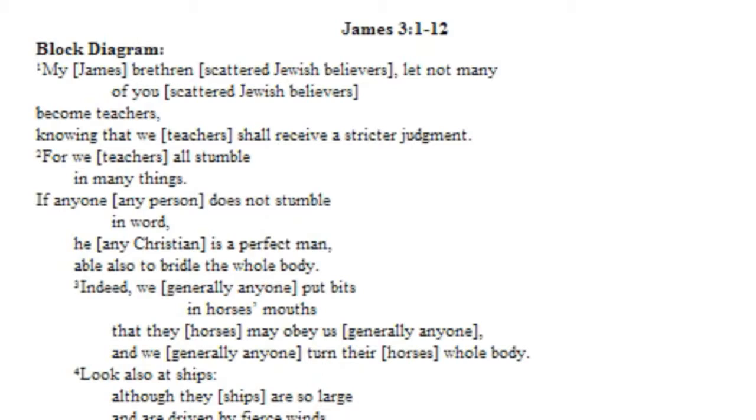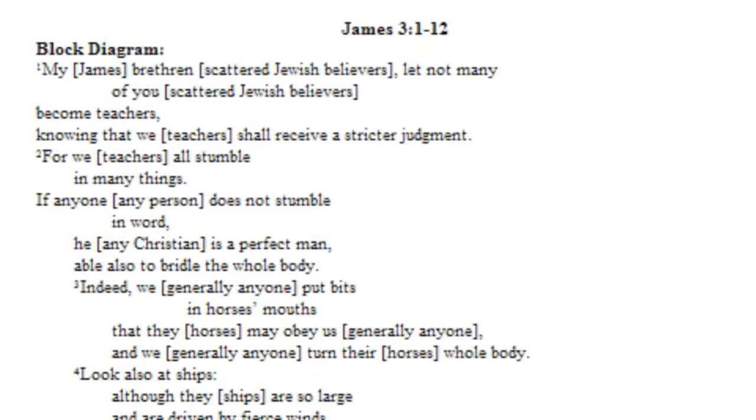Now, what's the context of this? The context is in being a teacher. The things he teaches in James 3 about the use of our tongue are useful for everyone, but it's specifically in the context here of teachers.